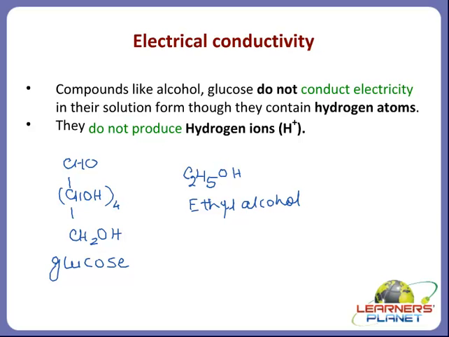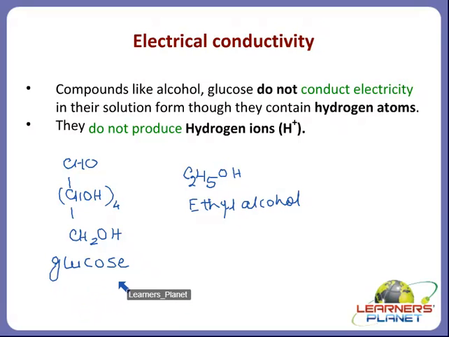Now why am I writing this formula? This is because they contain hydrogen atoms. How many hydrogens are here? 1, and it has so many hydrogens: 8, 9, and 3, that is 12. So glucose has 12 hydrogen atoms, but still it is a non-conductor of electricity.